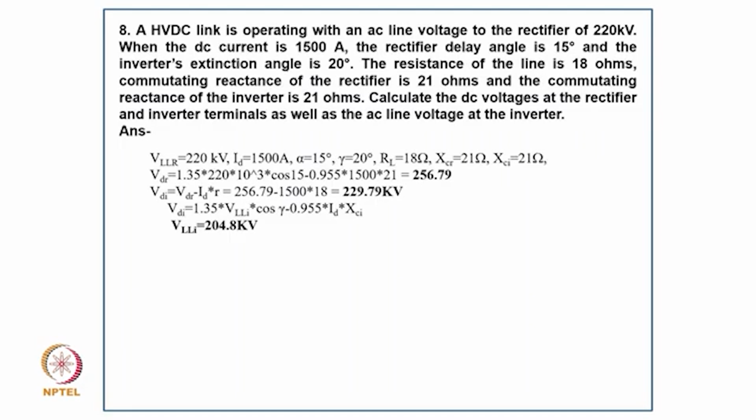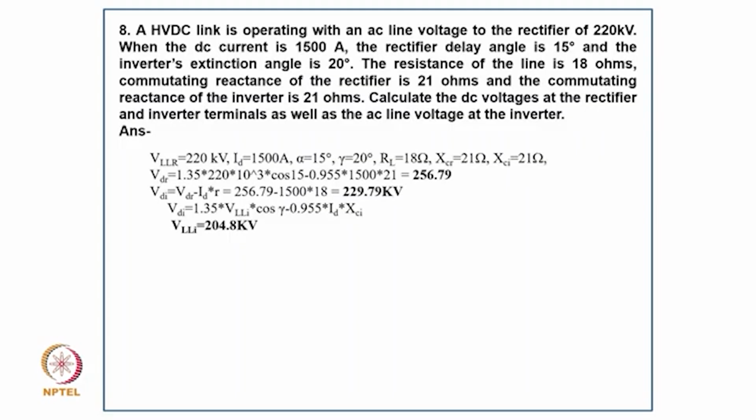Coming to question number 8: an HVDC link with the AC line voltage to the rectifier of 220 kilovolt when the DC current is 1500 ampere, the rectifier delay is 15 degree and the inverter extinction angle is 20 degree. Resistance of the line is 18 ohm, commutating reactance of the rectifier is 21 ohm and commutating reactance of the inverter is 21 ohm. Calculate the DC voltage at the inverter terminals as well as the AC line voltage.